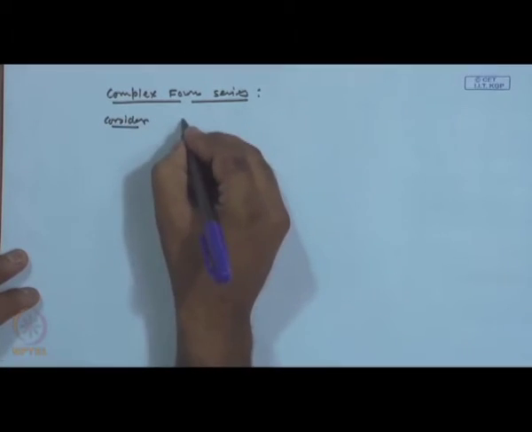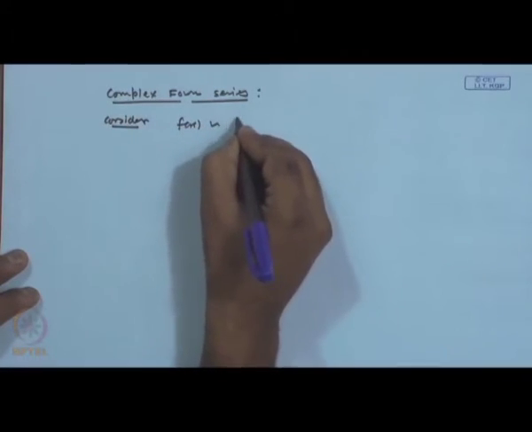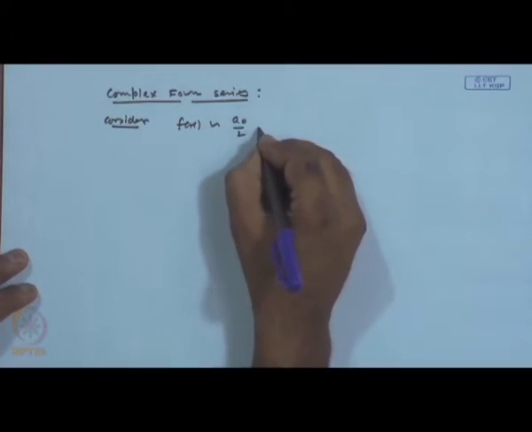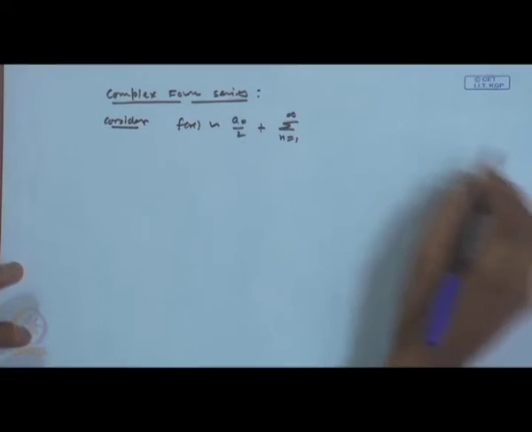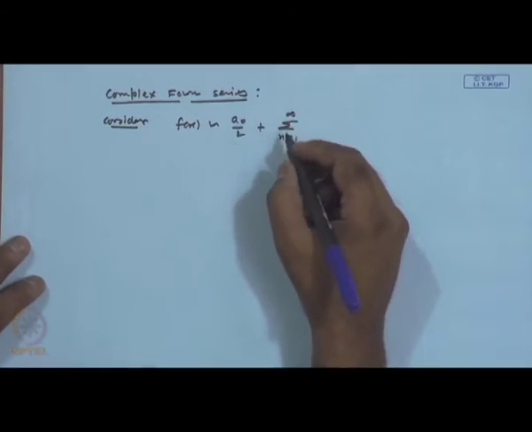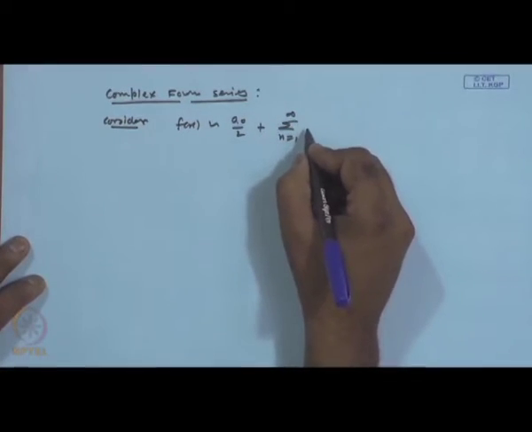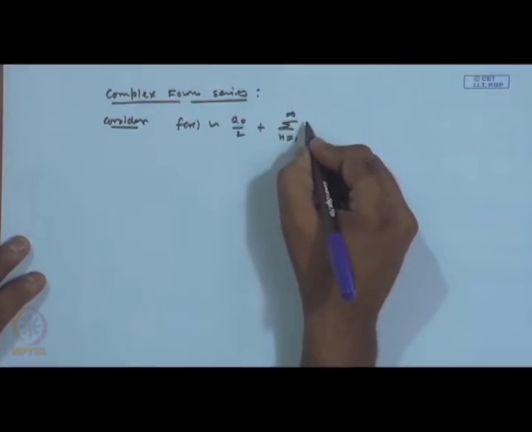So, we consider f x, and we start with the standard form. We can also continue with this Fourier series of a function of period 2L.